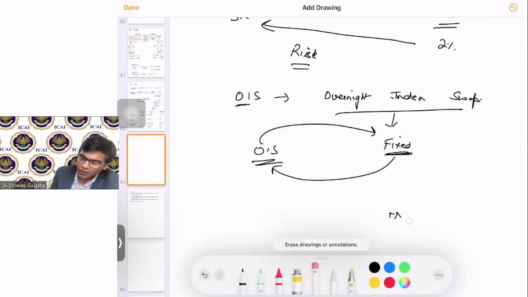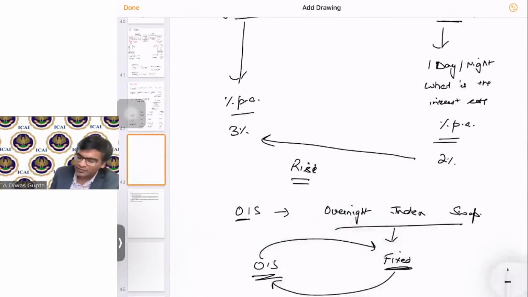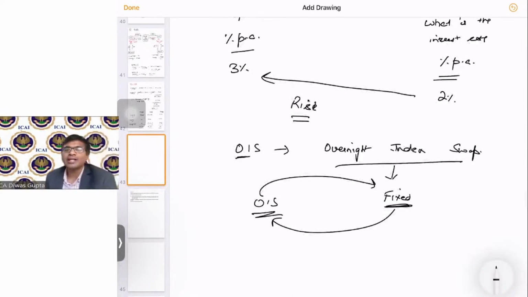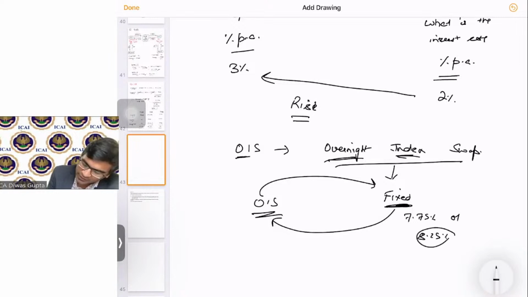We will do one question to understand it better, but I have just explained this term. Overnight index swap is one form of swap which swaps the overnight index rate with a fixed rate. And fixed here is the same 7.75 percentage or 8.25 percentage, but this will get swapped with the overnight index rate.